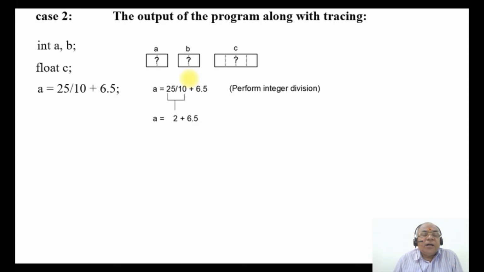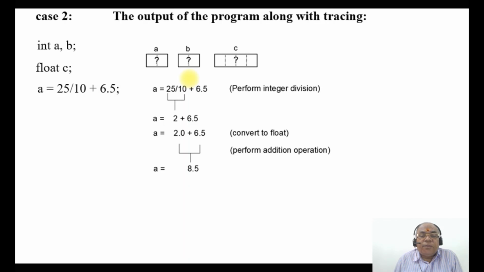Then add, because in BODMAS after division you have multiplication. Since you don't have multiplication, again you have A, which is addition, 2 plus 6.5. The result will be 2.0 plus 6.5, which you convert to float, so it becomes 8.5. They perform the addition operation. a will be equal to 8.5 as the result. But what will be the value?